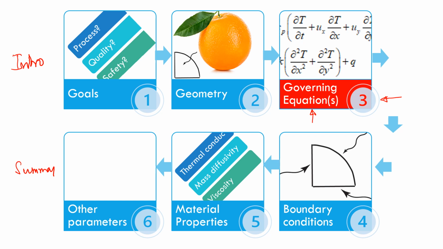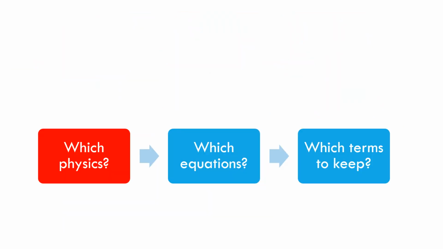Now, as you watch these, when suggested, you can stop and apply the principles to your own model or your own project before moving on to the next step. We can divide this logic of deciding on the governing equations into 3 parts.